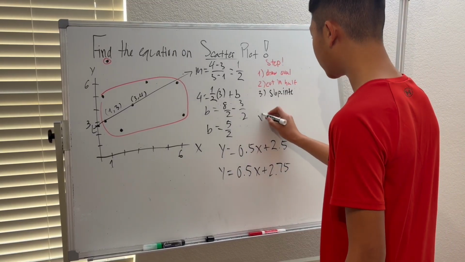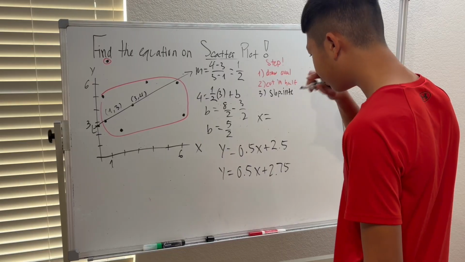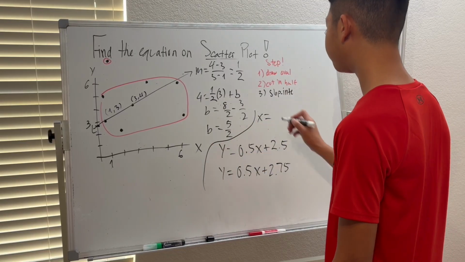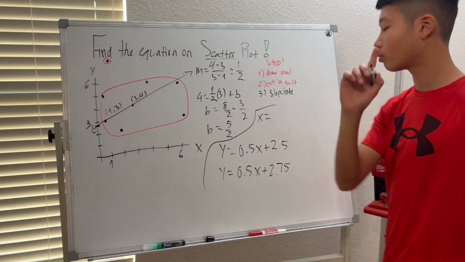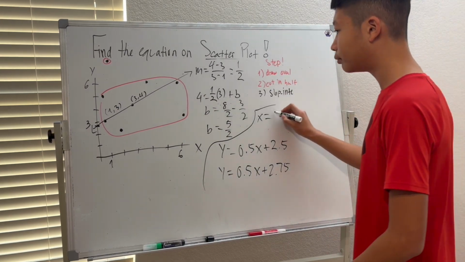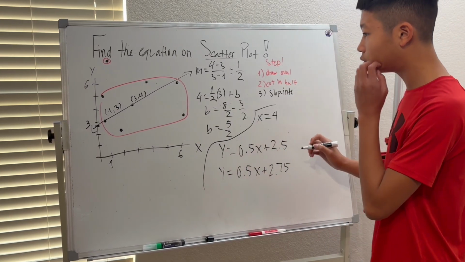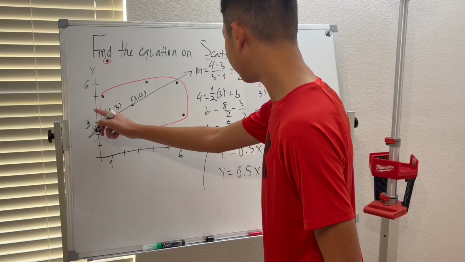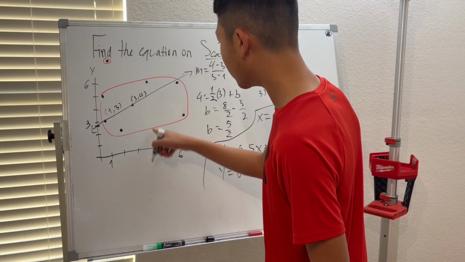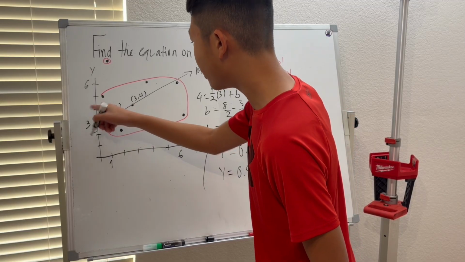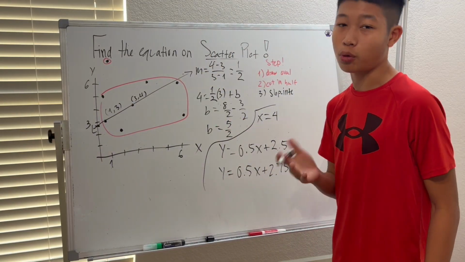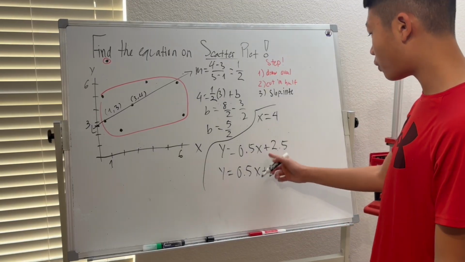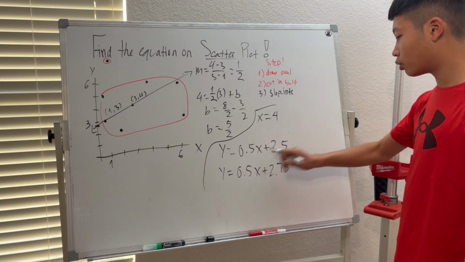Let's say x is 4. So right here, as you see, 4 is right here, so we go up right here. It's going to be about 4.5. So we estimate it's going to be 4.5. Let's see if it's 4.5 if you plug in this right here.